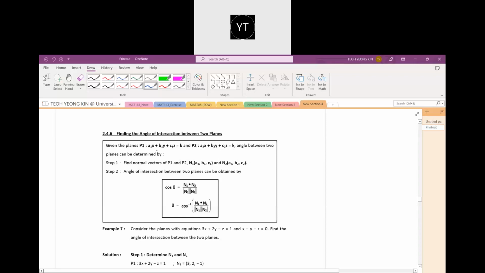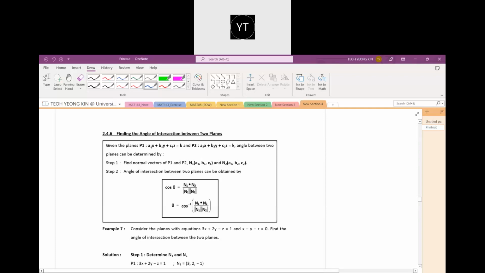So the angle between two planes can be determined by finding the normal vectors of P1 and P2. So n1 is actually A1, B1, and C1. What is A1, B1, and C1? A1, B1, and C1 are the coefficients of x, y, and z for the first plane. And then n2, or A2, B2, C2, the second normal vector, is the coefficients of x, y, and z from the second plane.